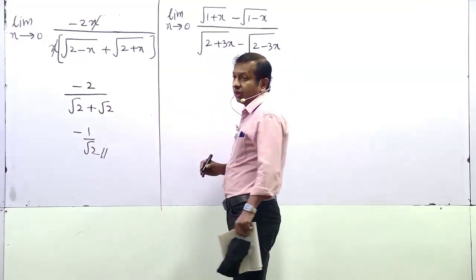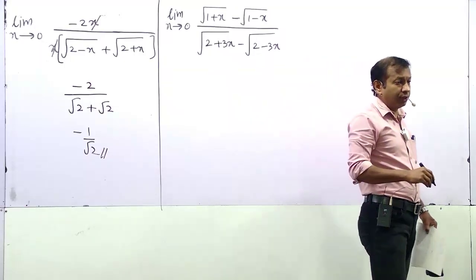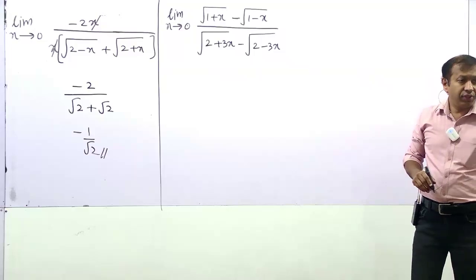Right. So this time, how do you work it out? What factor should we cancel down before putting x as 0? The x factor. Then this is how we do it, people.